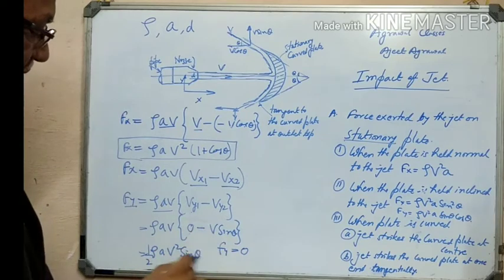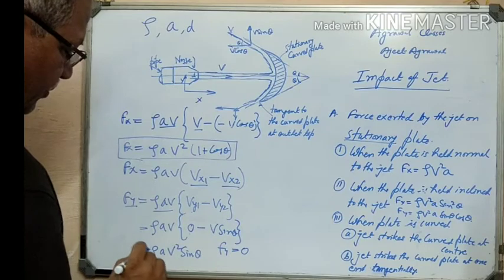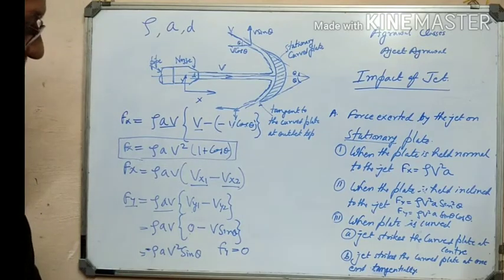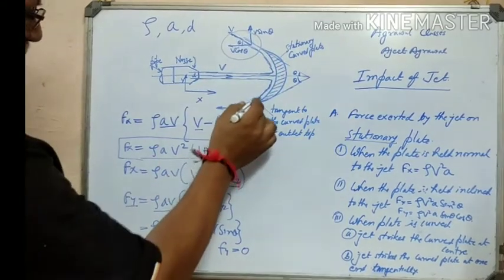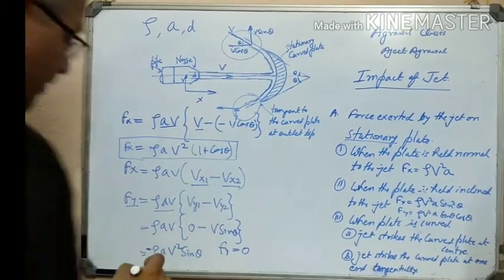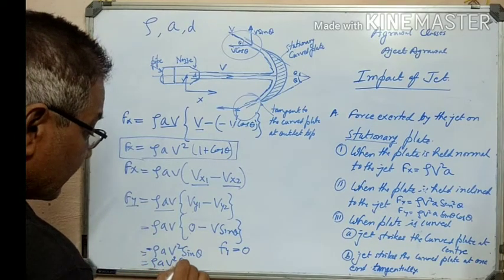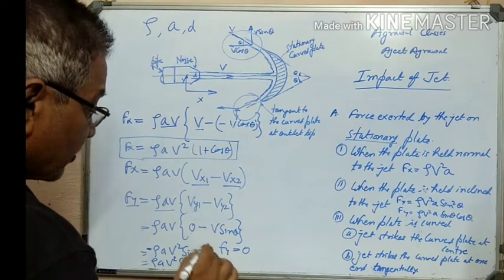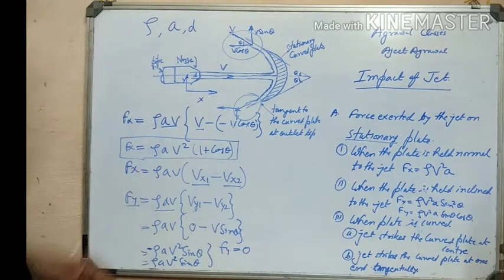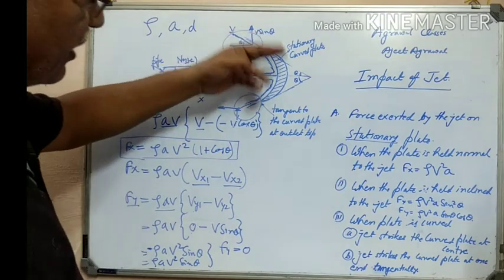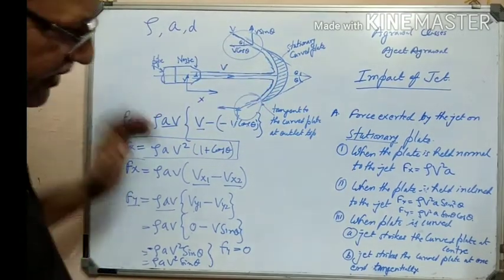So this becomes minus rho a v square sin theta in this particular portion, and in this particular portion it will be equal to rho a v square sin theta. The total force, if we consider it, will be 0 in the y direction when the jet is striking the curved plate at the center. That is the first case.